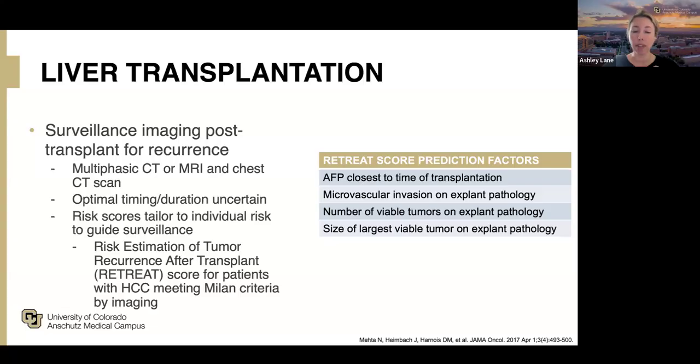And then the size of any viable tumor that was there. So based on those things, we plug in the available information. It spits out a score. A higher score is a higher risk of recurrence, and that helps guide how often and for how long we pursue surveillance imaging. Some sites follow other guidelines as well, like NCCN, for surveillance, but at our center, we do follow the RETREAT score.